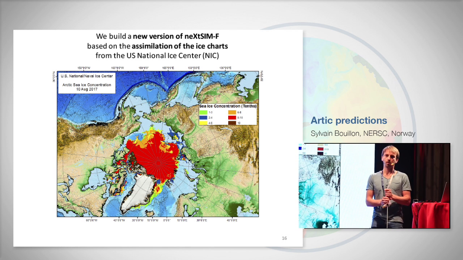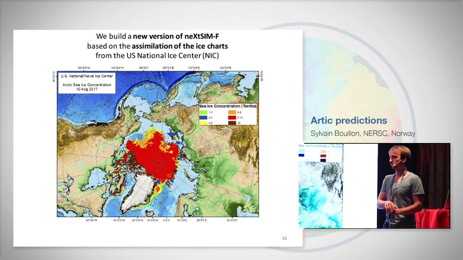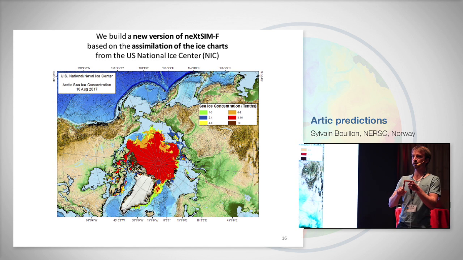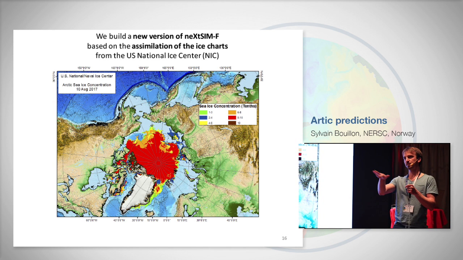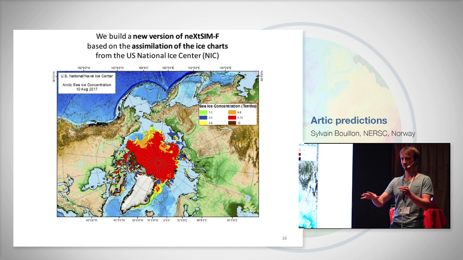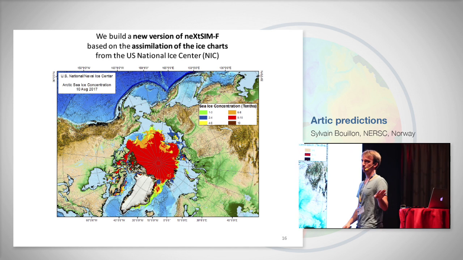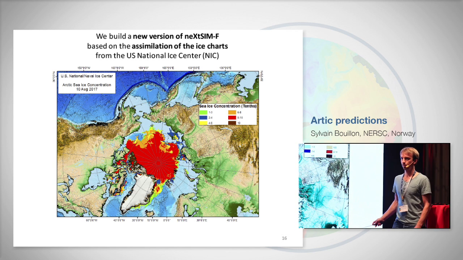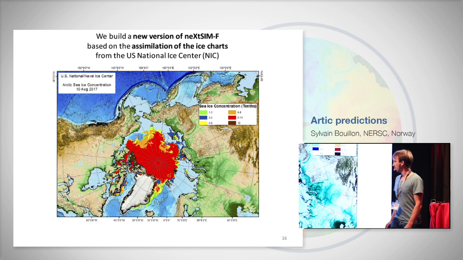So the problem, we had to work a bit because in summer, in those areas, the thin ice is melting at the surface. It's thin ice mainly, and the concentration is low in that area. So we know that microwave-based data are completely useless for this type of question.